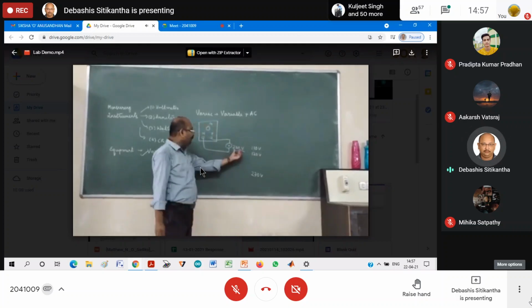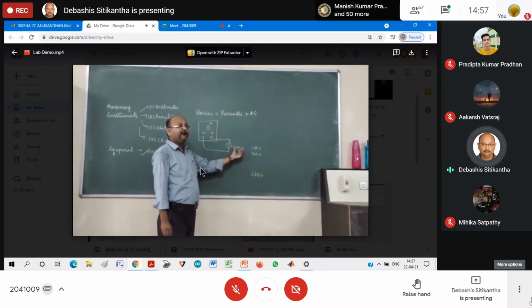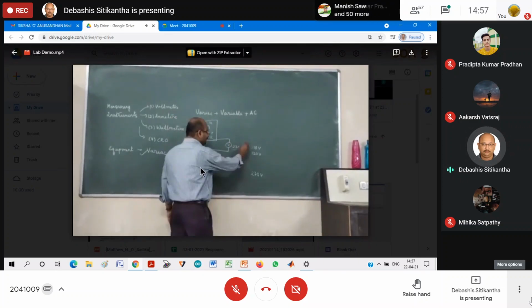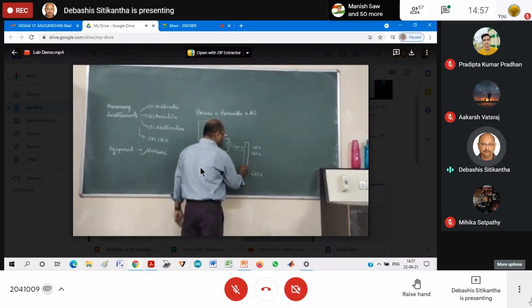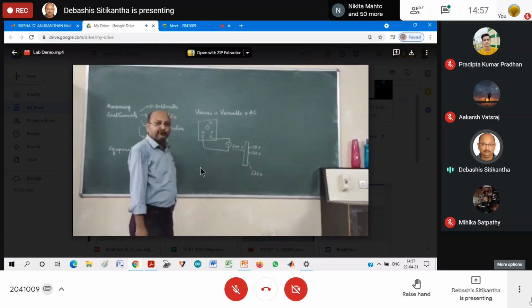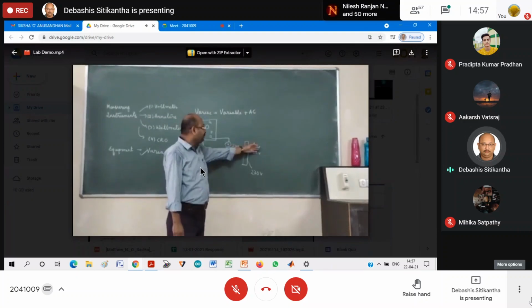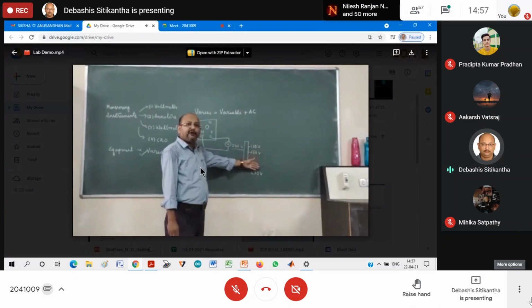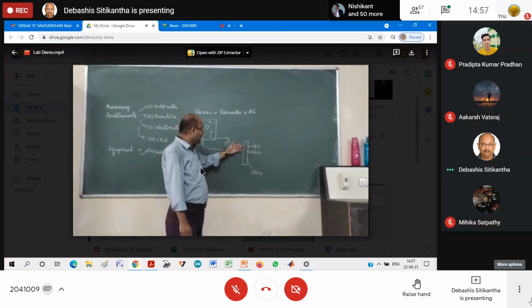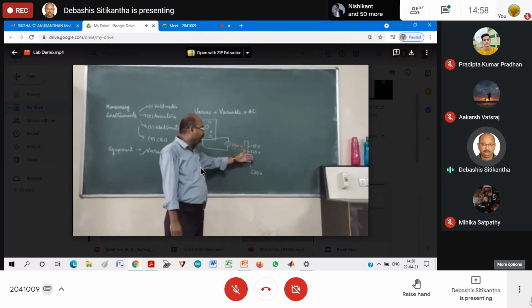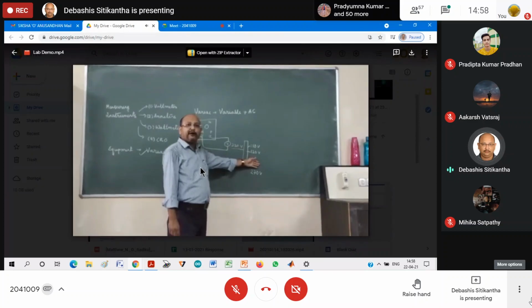The voltage readily available across the socket is 230 volt, but by using this instrument, the variac, we can have different voltage outputs. We can step down the voltage from 230 volt to 110, 120, up to 220. Similarly, I can also get a voltage of 230 at the output of the variac.